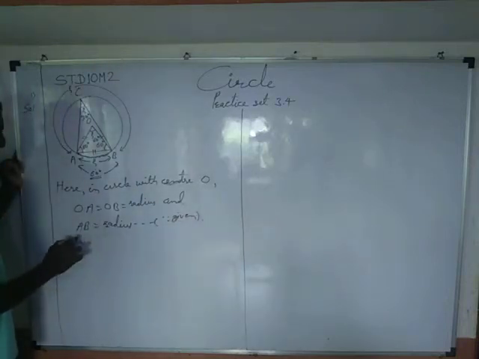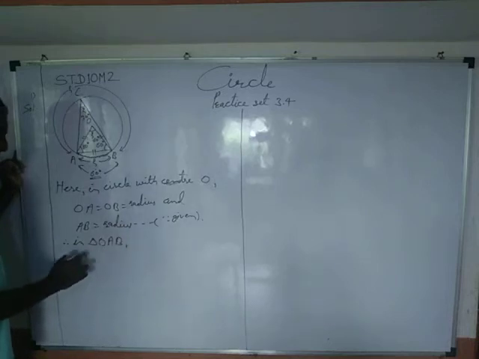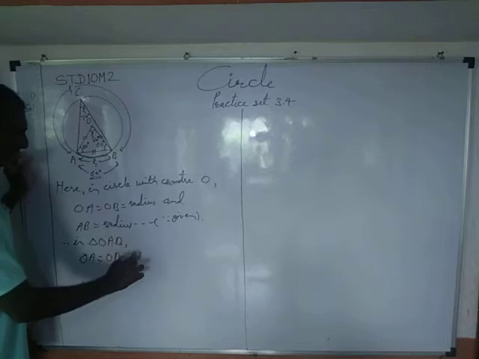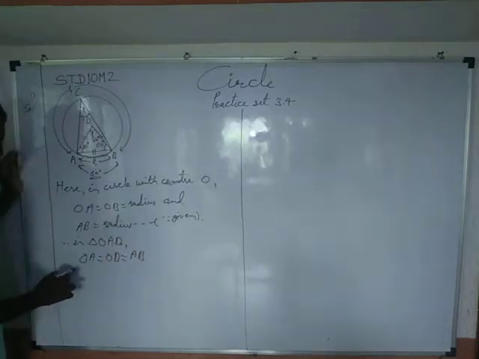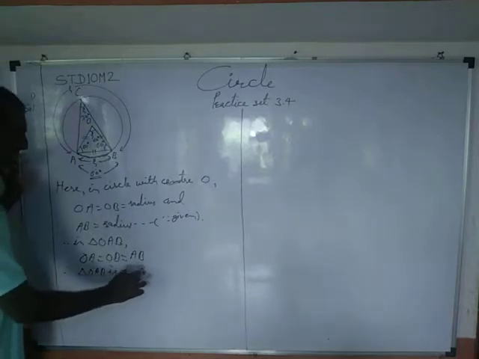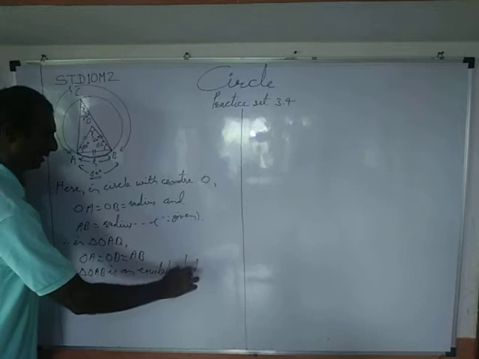Therefore in triangle OAB, OA equals OB equals AB, and therefore triangle OAB is an equilateral triangle.